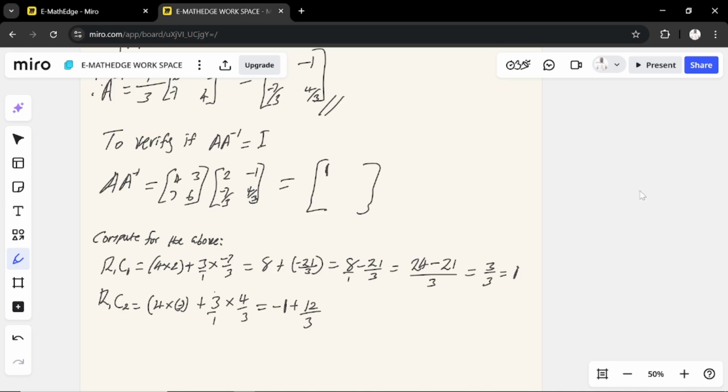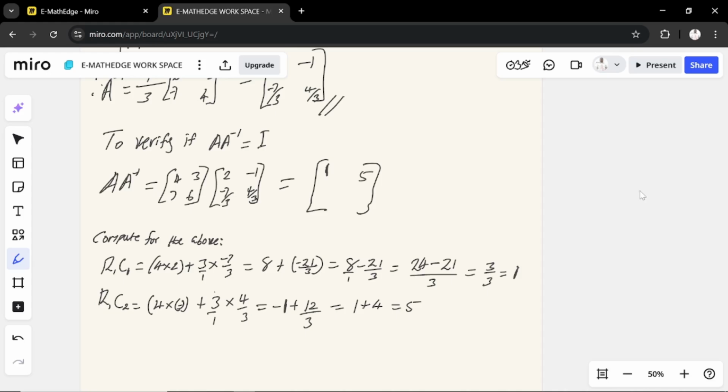Mind you, 3 can divide 12, such that we are going to have 1 plus 12 divided by 3 is going to give us a single value 4, such that we can go ahead and add 1 plus 4 and we will have a single value 5. So this is the element in the first row, second column, right?